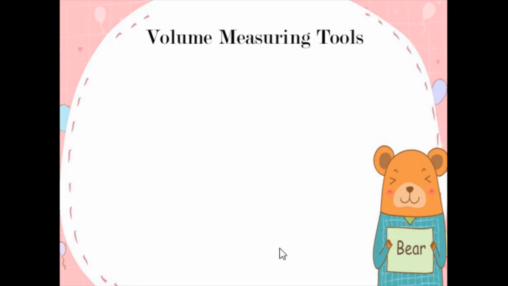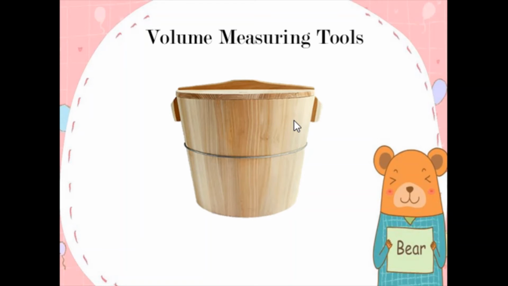Now, how do we measure these dry goods and these liquid goods? Of course, like weight measurement, we also have volume measuring tools. Let's have first the tools appropriate for dry goods. First, we have here a bucket.